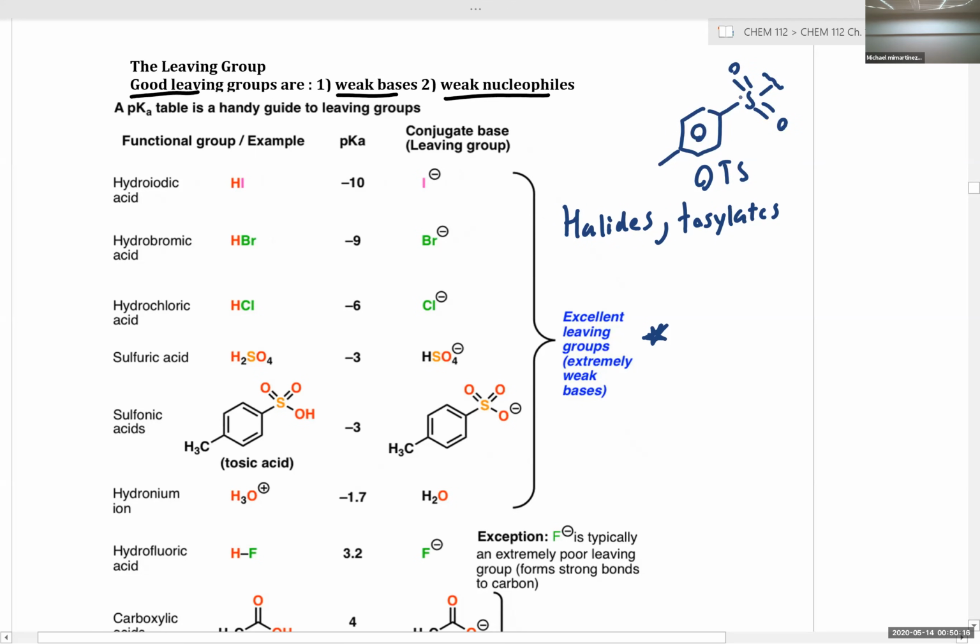So you have a toluene part and then a sulfonic acid part, otherwise known as tosic acid. So halides and tosylates are great leaving groups, and they're very weak bases. So you can use base strength as a tool to assess how good of a leaving group something is.